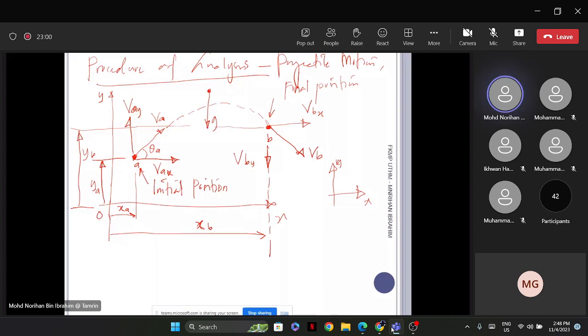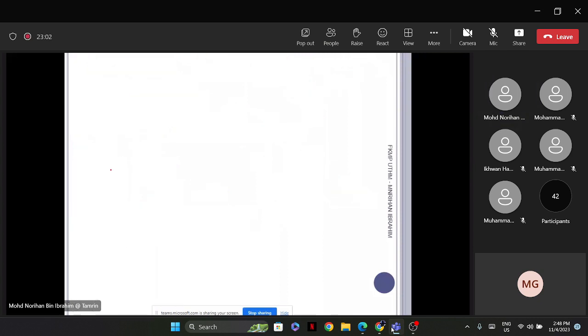Step one is to illustrate the particle's initial and final positions.